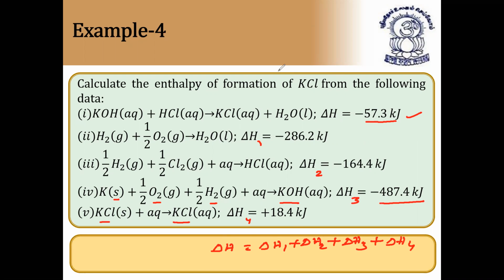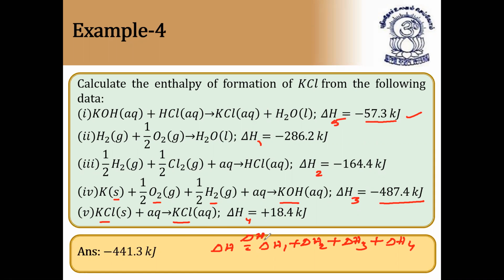I hope it is clear. Let us check the answer now. You should get 441.3 kilojoules. So 441.3, how did you get it? By adding delta H1, delta H2 and delta H3 minus delta H4. So you'll get the answer clearly. So delta H minus, sorry. Delta HF of benzene, let us take it as delta H5.